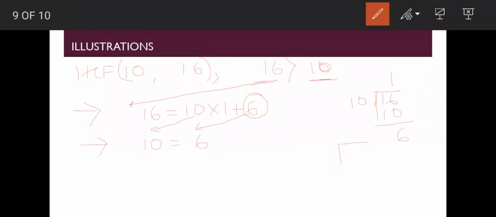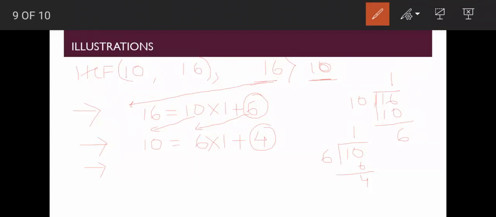Let us check what we get. When 10 is divided by 6, 6 into 1 is 6, remainder is 4. So I can write 6 into 1, that means divisor into quotient, plus remainder 4. Again I get a non-zero remainder here, so the process I have to continue.